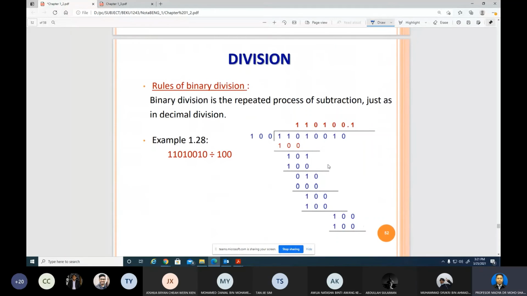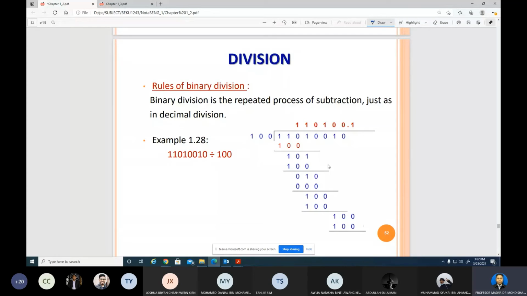Right, so this is for division. The rule of binary division is similar to decimal division. Binary division is a repeated process of subtraction, just like decimal division. For example, we have 11010010 divided by 100.